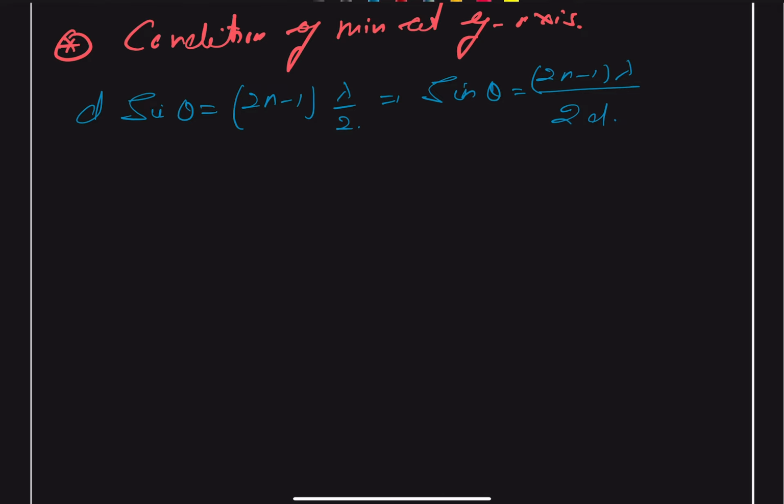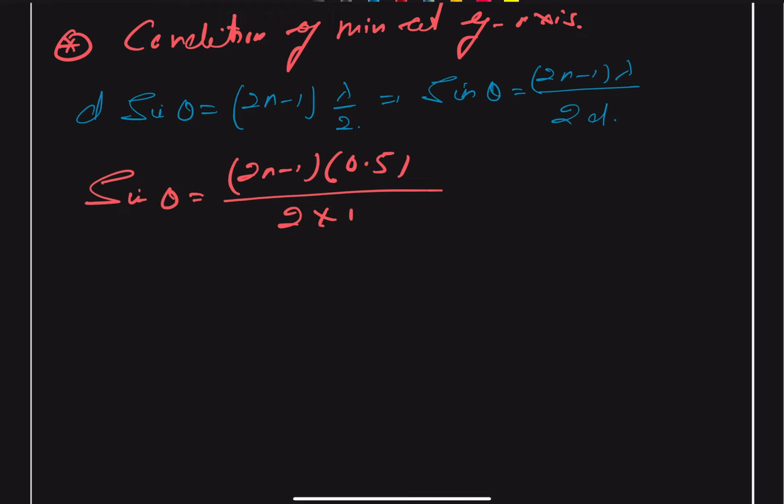So we can just substitute the values which we know. So we get sine of theta will be equal to 2n minus 1, lambda we know that is our 0.5, 2d also we know that is our 1. So this comes as 2n minus 1 divided by 4.